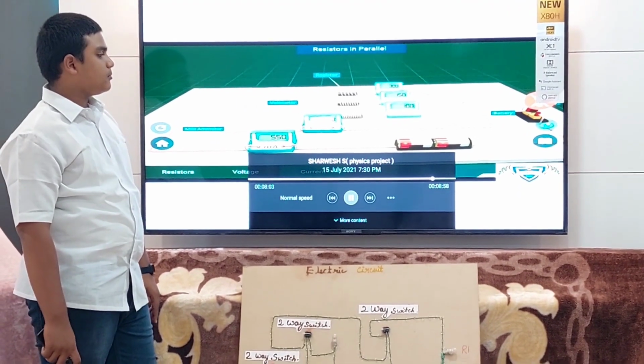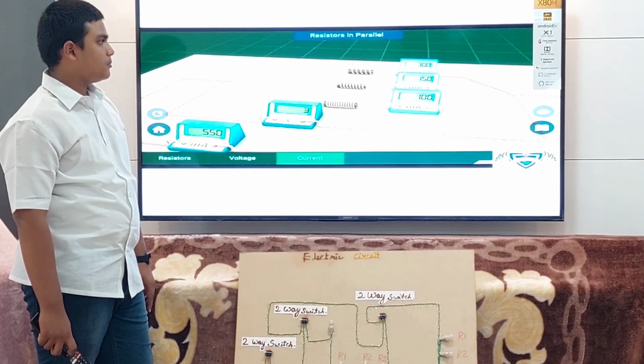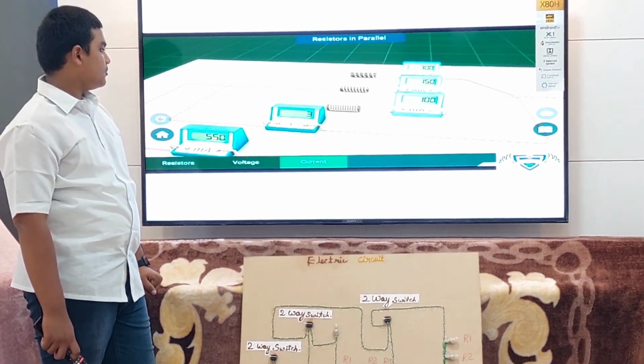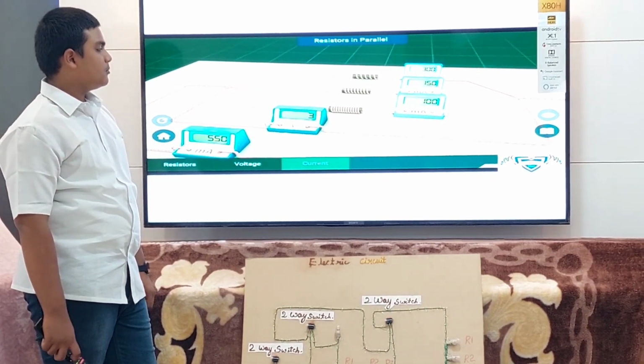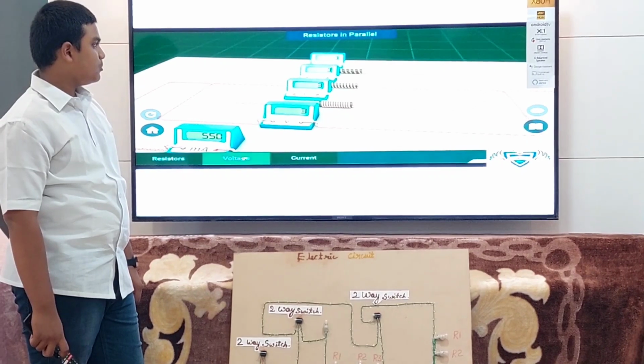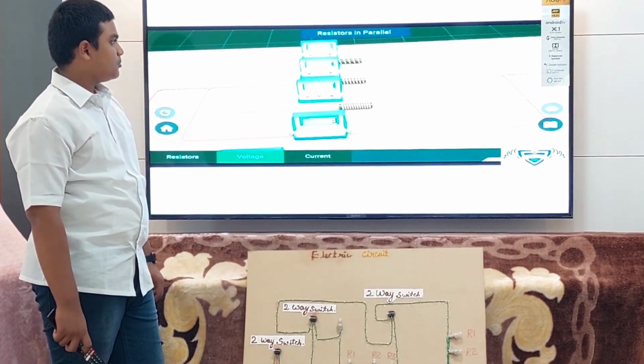When we closely observe, we can see that the total current through the parallel combination of resistors is equal to the sum of currents through each resistor. Now, let's check the voltage across each resistor by connecting a voltmeter across each of them. We can see that the value on all voltmeters is the same.